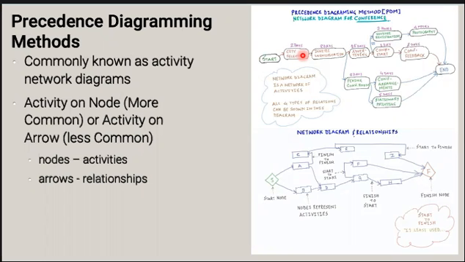Back then there was no software, so activities were literally put on paper, stuck to a wall, and then arrows would move from one activity to the other, from the start of the project to the project end. Now we have Microsoft Project for it, so it's much easier to do. Most of the network diagrams used in projects are called activity on node, and that's because the nodes of the network diagram represent the activities and the arrows represent the dependencies in the relationships.